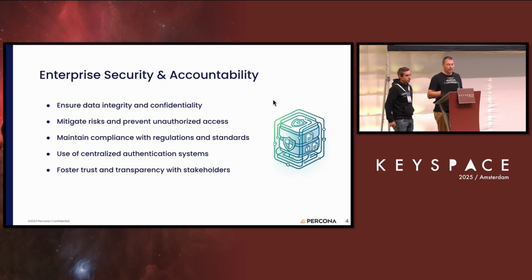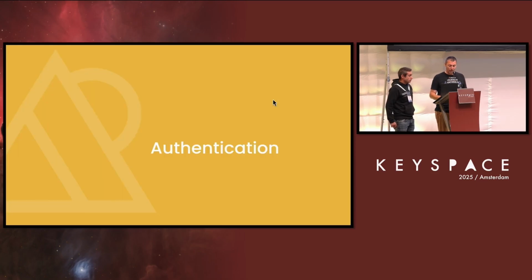So that's where these requirements come from, and then they typically use centralized authentication, they use centralized auditing, all these kinds of things. These are the requirements that we see in the field on-premise. And then we shall start with the authentication piece.